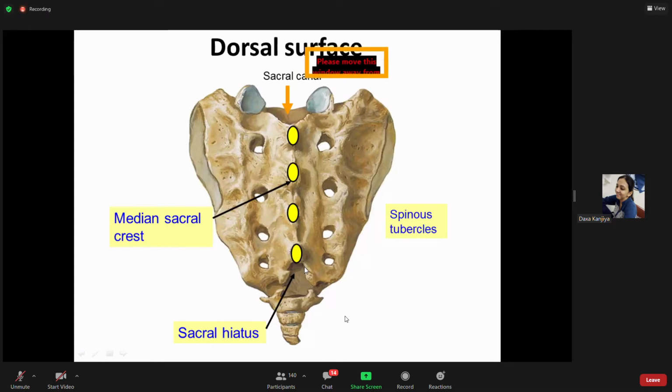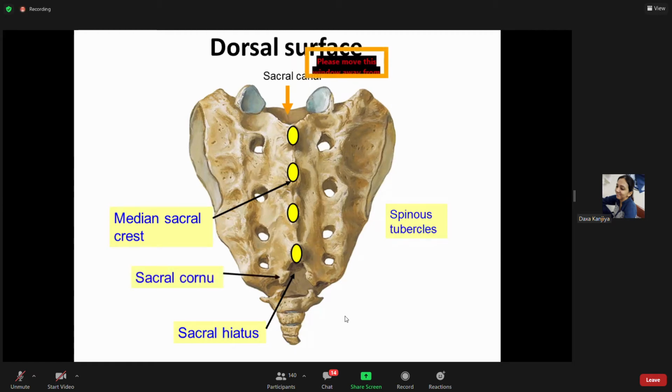Sacral hiatus. So what does the sacral hiatus represent? If you see, the spinous process of the 5th sacral vertebra does not fuse, and it leaves a gap at the lower end, and that inverted U-shaped gap is called the sacral hiatus. The sacral hiatus is formed due to the non-fusion of the laminae of the 5th sacral vertebra.